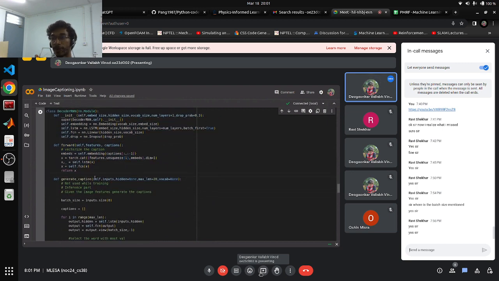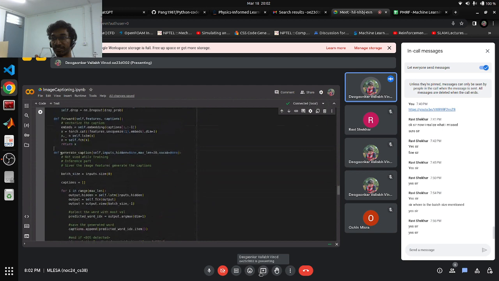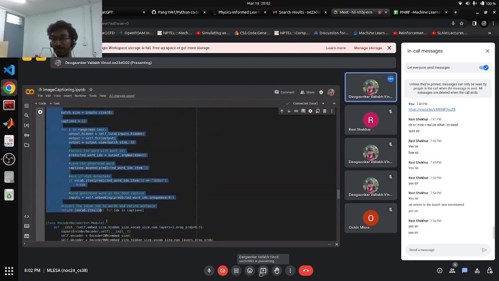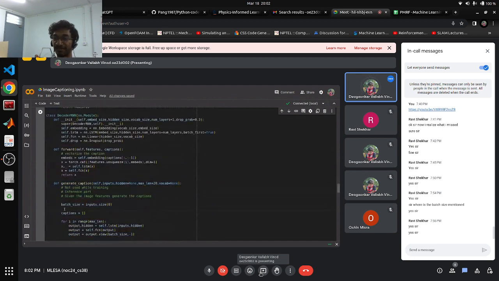This is a function called generate captions, which I'm going to call after my entire process has been done. This function is not going to be used while I'm training, but only when I generate the captions finally.